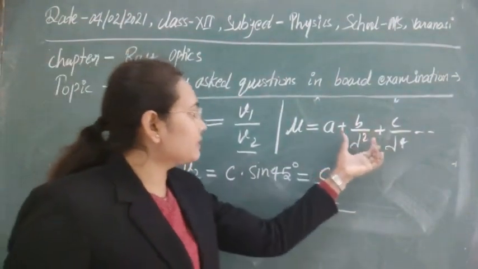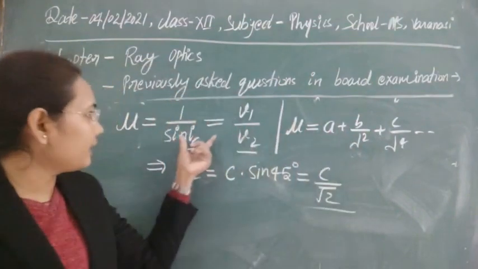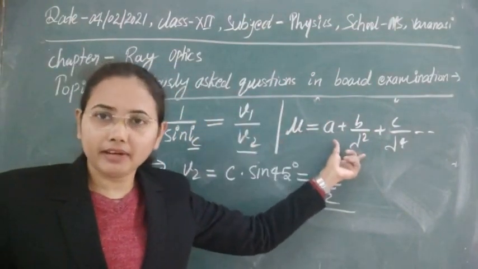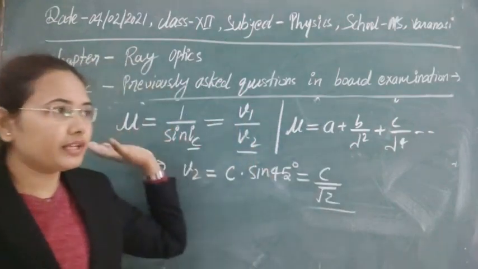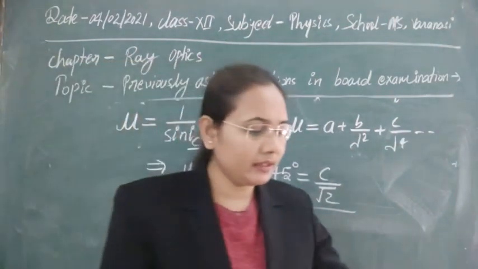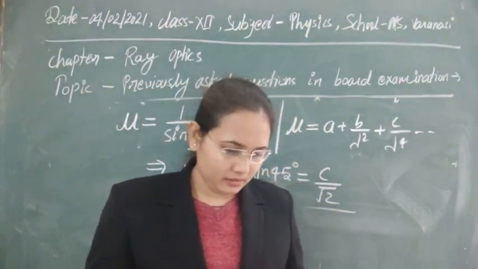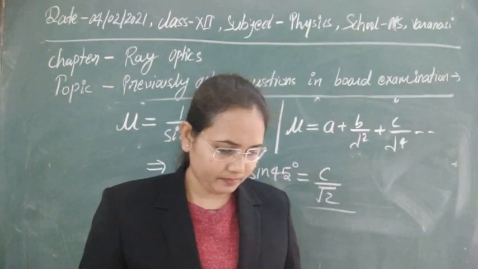So as it depends on the wavelength of light, then definitely the critical angle will also depend on the wavelength of light here. That is very clear, simple. Critical angle depends on the wavelength of light. Next question, just let me see here.